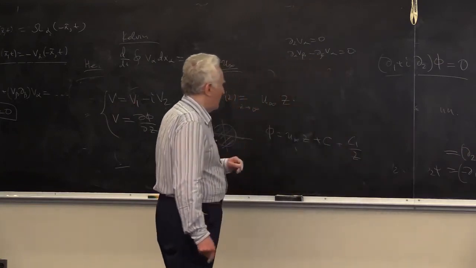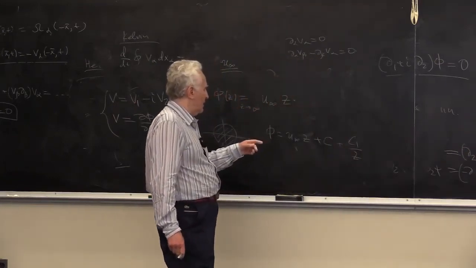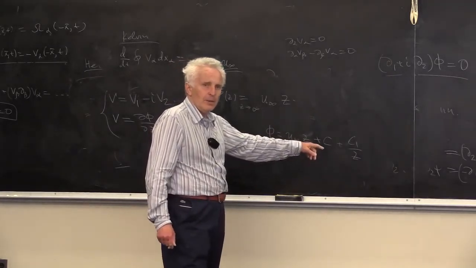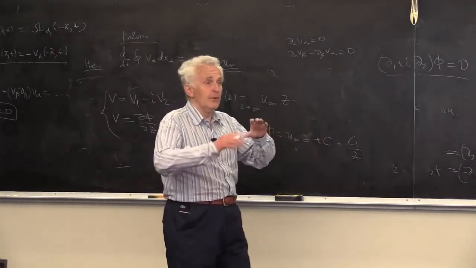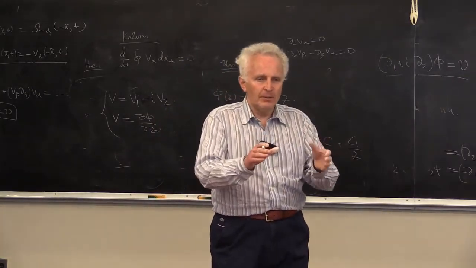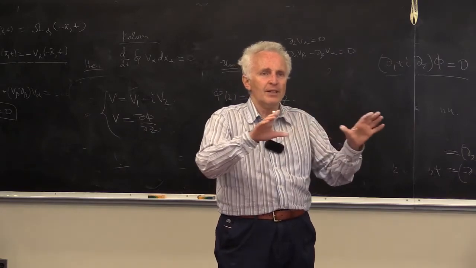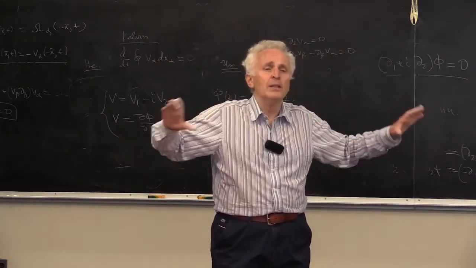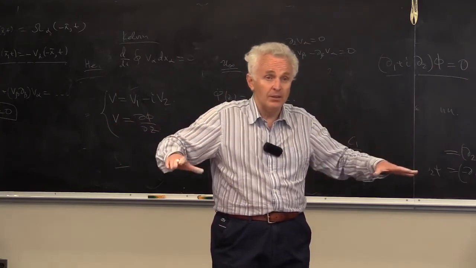Why is the singularity not important at z equals 0? Why is it singular? First of all, the standard theorem of complex analysis is that if a function has no singularities and tends to a constant at infinity, it tends to 0 at infinity, it is 0.